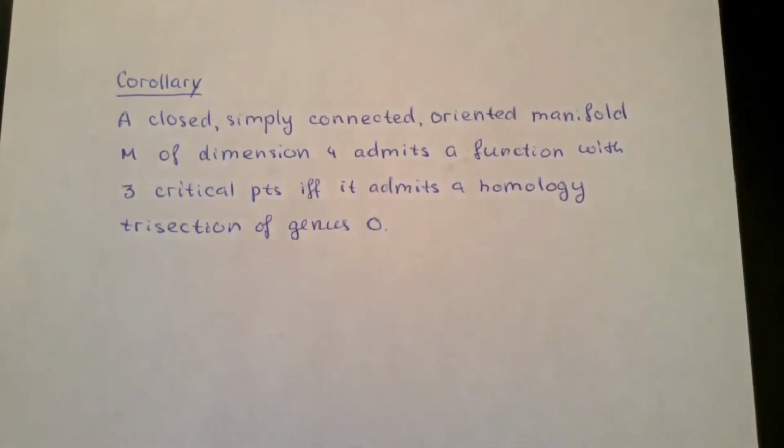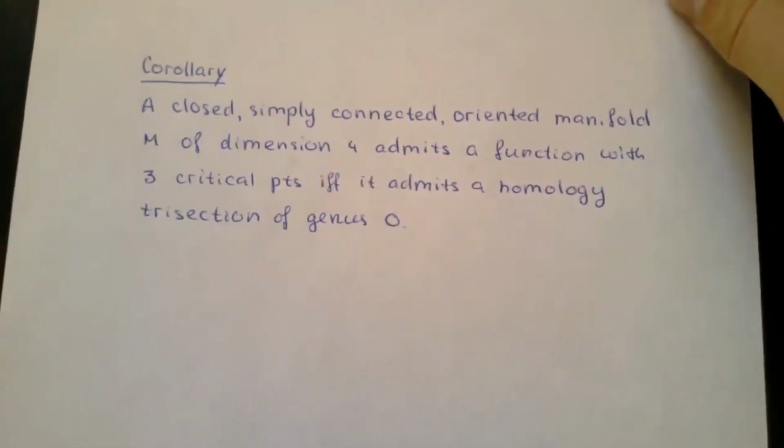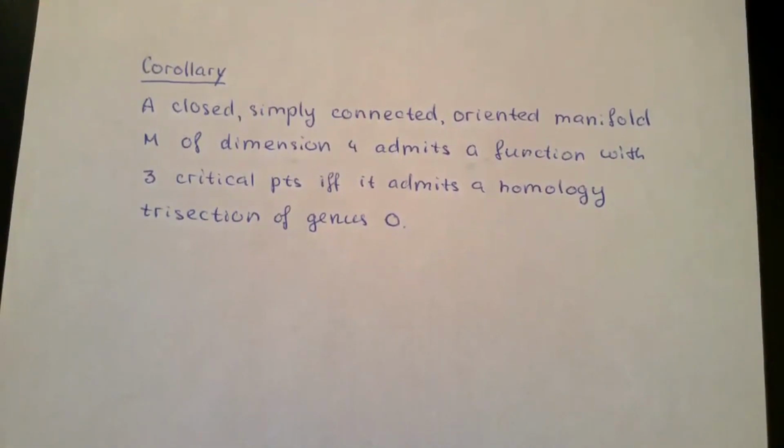So for 4-dimensional manifolds in general, you may need at least 5 critical points. I mean that the minimal number of critical points of functions on a generic 4-dimensional manifold is 5.